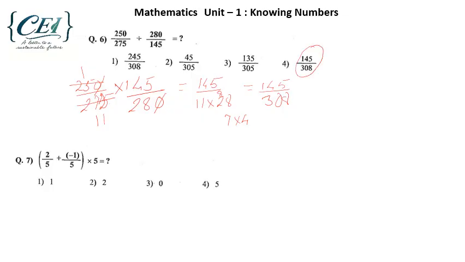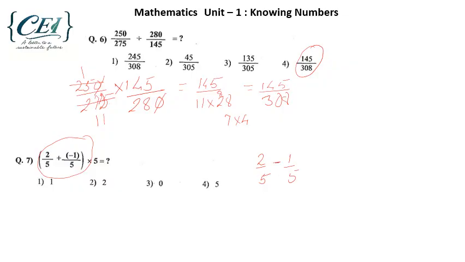Correct? Next question. 5 upon 2 plus minus 1 upon 5 into 2. So we have to first solve the bracket. So we will do here 2 upon 5 plus into minus. So if you remove the plus sign, minus 1 upon 5.